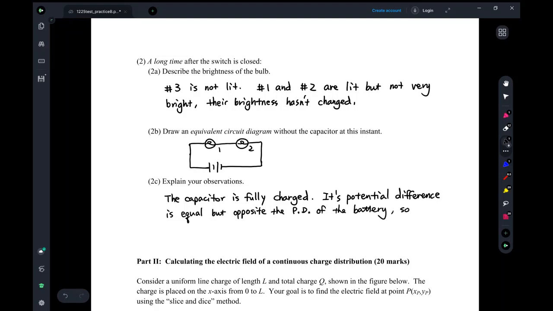So number 3 has no potential difference across it.